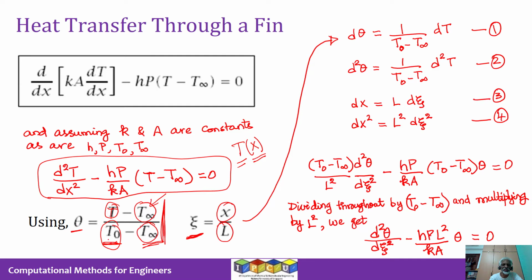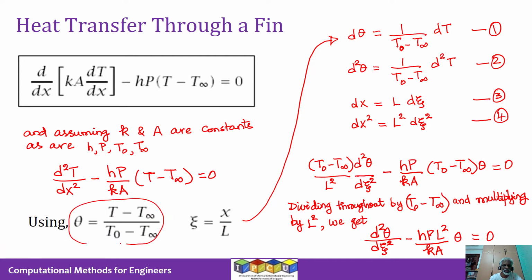Now, if theta is given by this expression that you see here, then I can write the derivative of theta as d theta is equal to 1 by (T naught minus T infinity), because this is a constant, times d of (T minus T infinity).